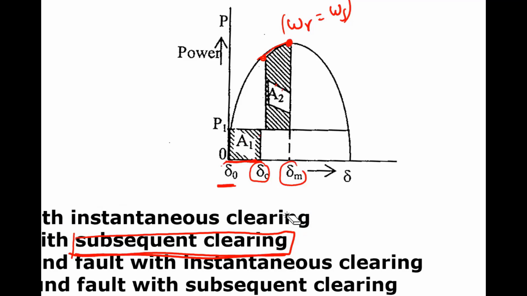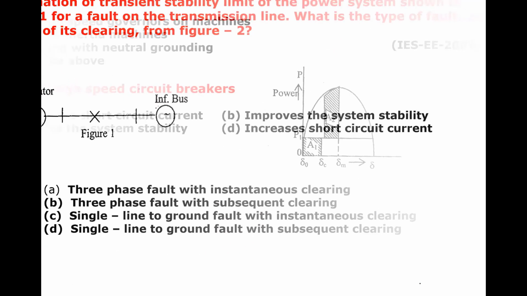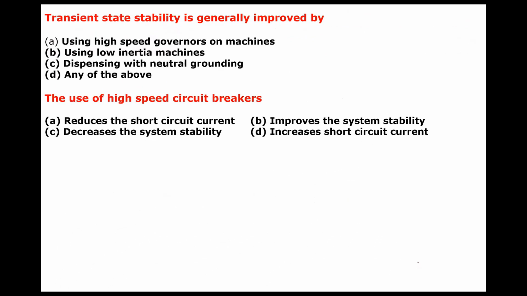Because had it been instantaneous clearing, there would not be any swing of the rotor. Since it swung from delta naught to delta C and from delta C to delta max, the fault occurred and subsequently after some time the fault is cleared. That is the concept. Read this question.